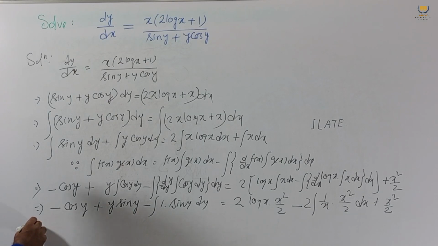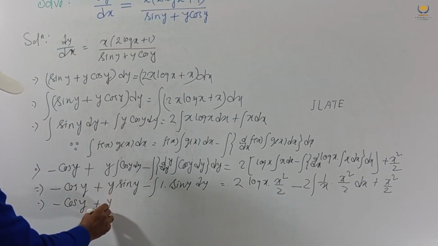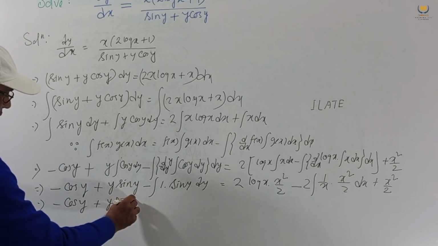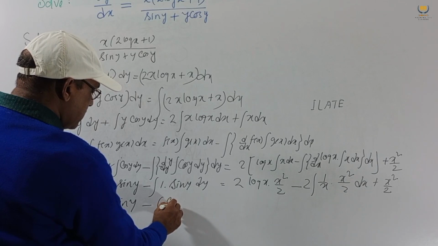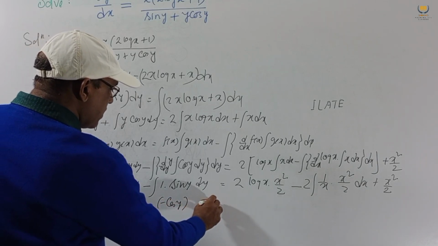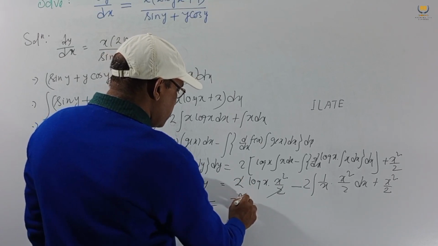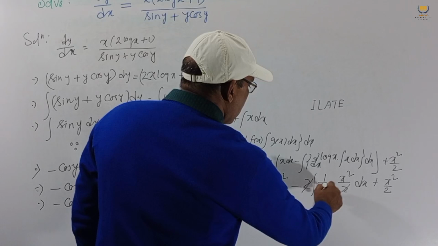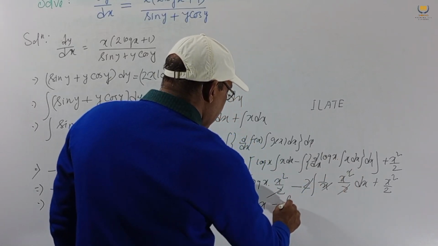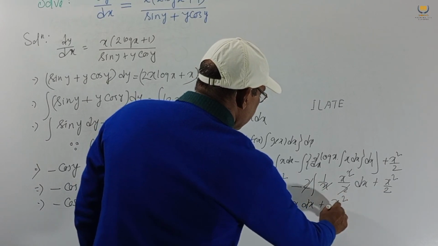And this will be minus cos y, y sin y. The integration of sin y means minus cos y. This equals 2 cancel x square log x. This 2 cancels, 1 x also cancels, x dx plus x square by 2.